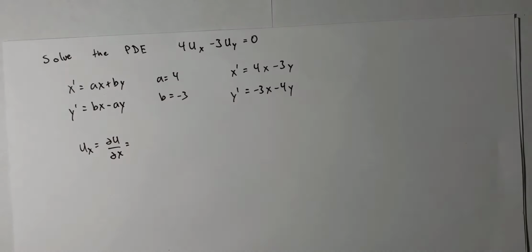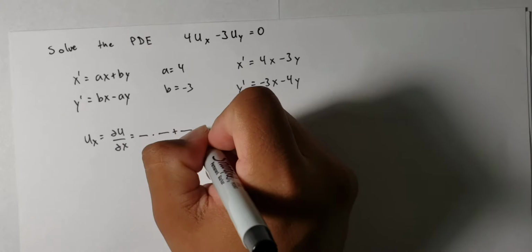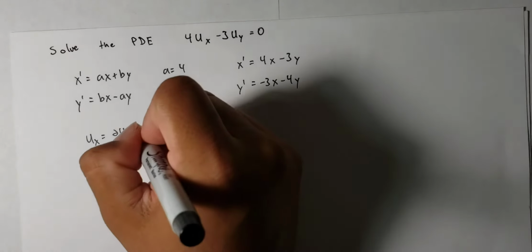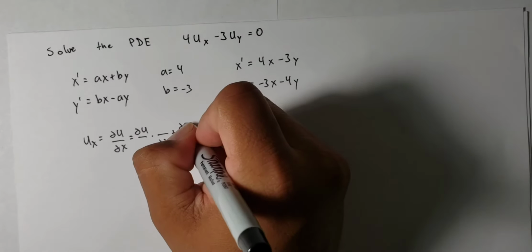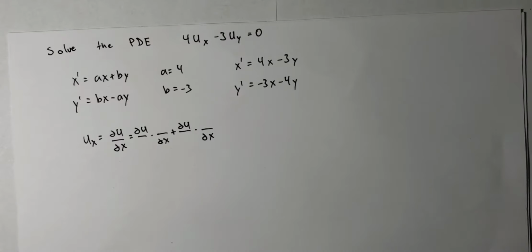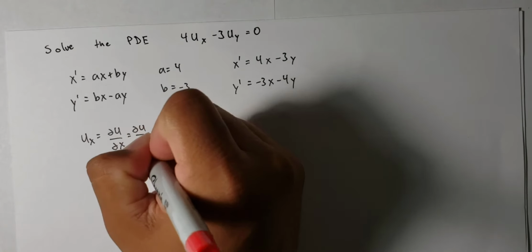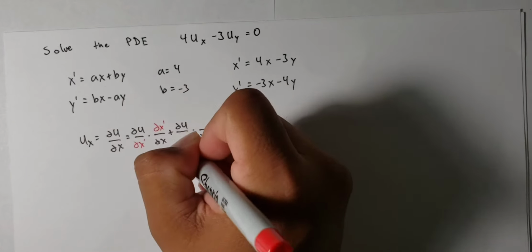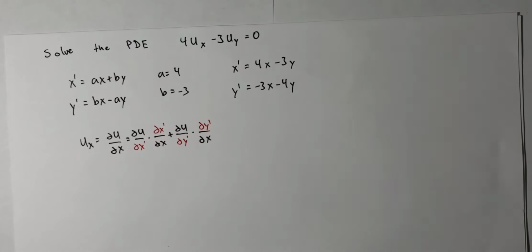We're going to change variables here and take the derivative of u with respect to x prime and y prime. So let's take care of that.